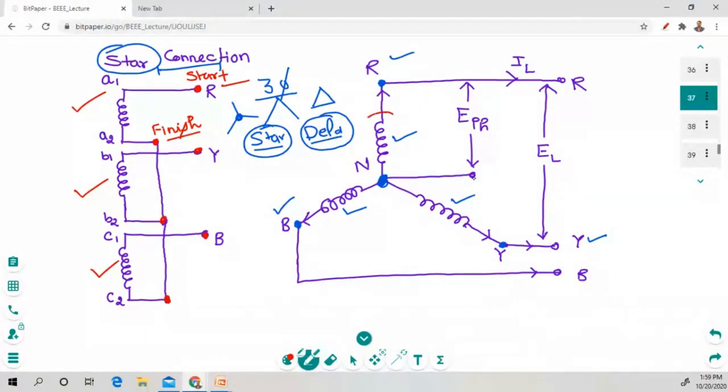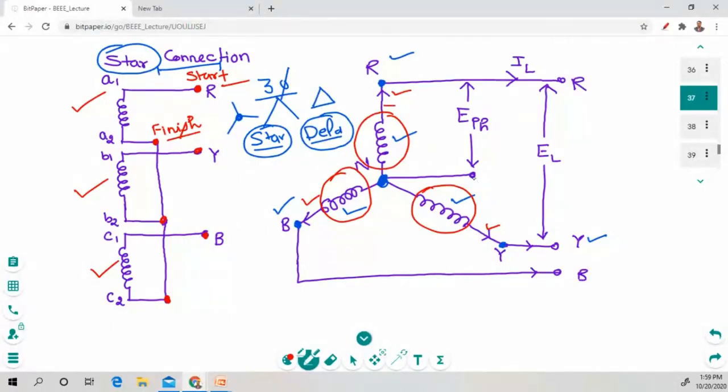Anything which is generated across these phase windings, there are three phase windings, is called phase voltage and phase current. If this current is generated right here, and this current is generated right here, they are all known as phase current.